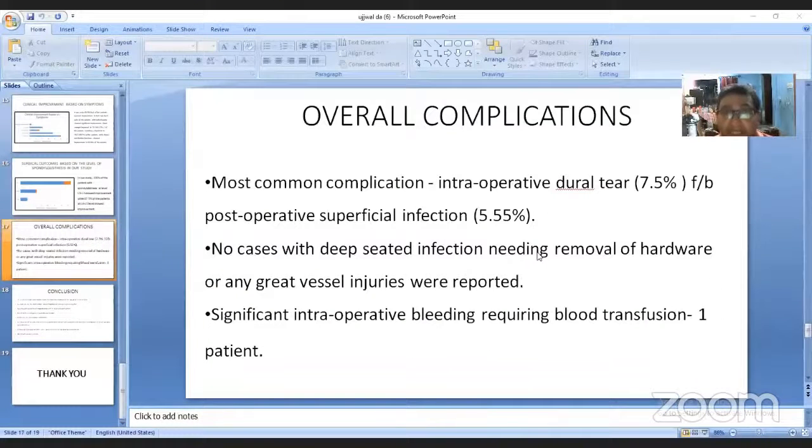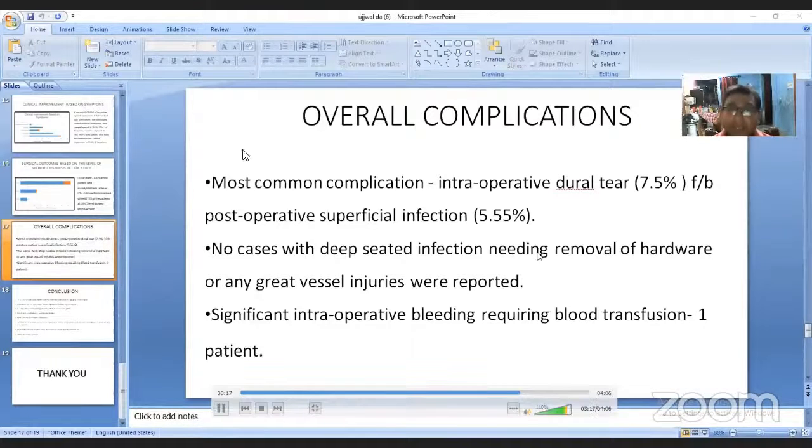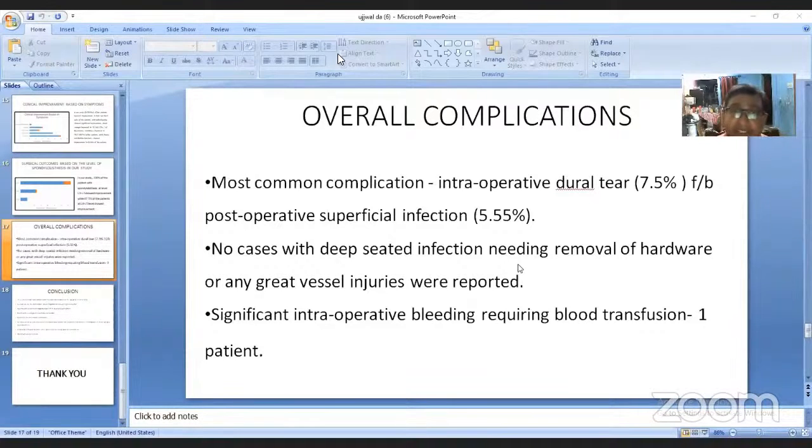The most common complications were intraoperative dural tear and post-operative superficial infection. Significant intraoperative blood transfusion was given to only one patient.